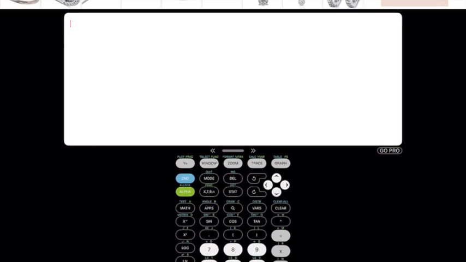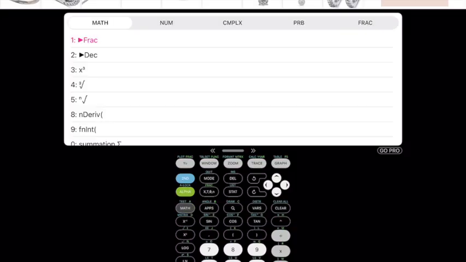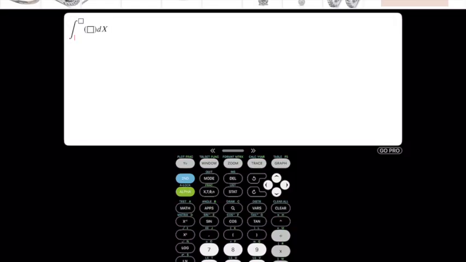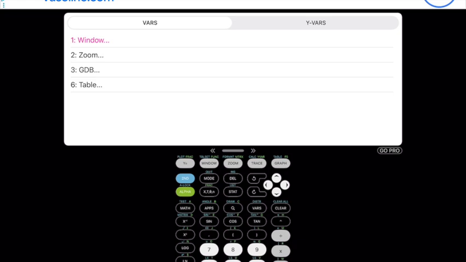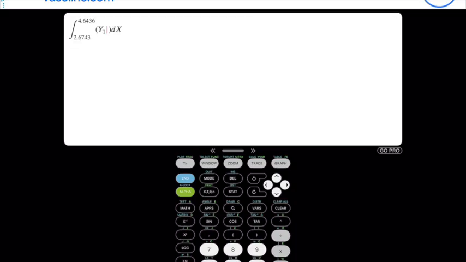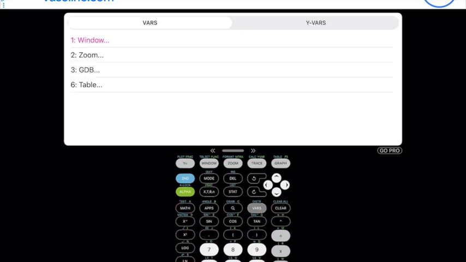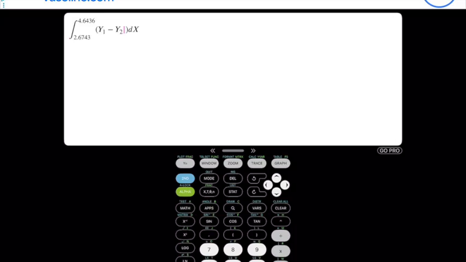Now again, we want to do the integral, so go to math. Number 9 is integration. Plug in those values for a and b. And then again, we are going to do y1 minus y2. So go to variables, over, functions, y1 minus y2.